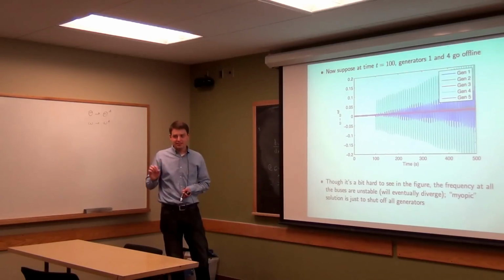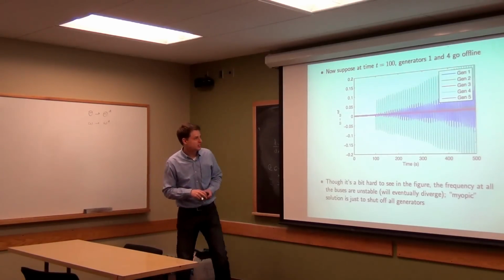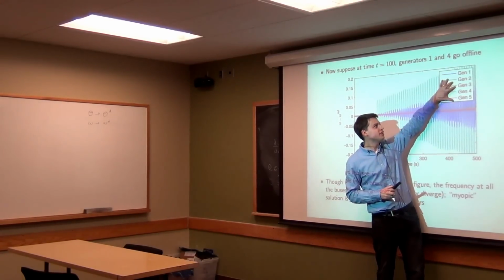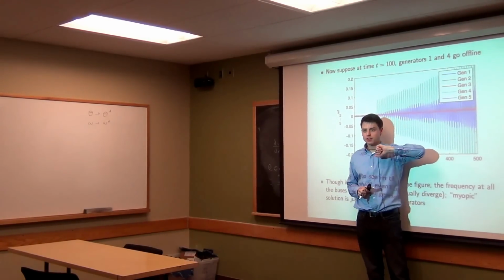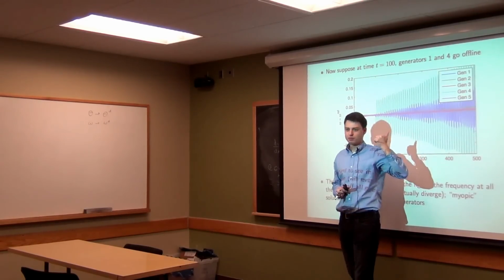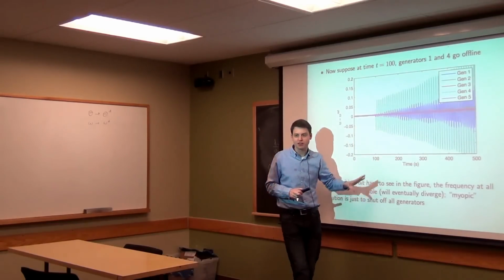This is despite the fact that generators 2, 3, and 5, so with these guys out, these two generators are perfectly capable of providing the complete power to the whole system and regulating frequency at every node.